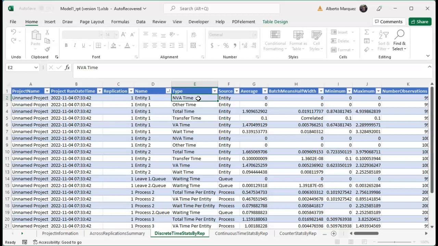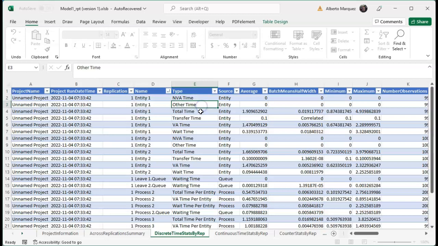In this case, NVA would be non-value added, just like storing something for a little while until the machine is, say, available to process it. If the product needs to wait because it's cooling down, well, that would be the decision of the company to consider that either as value added or non-value added, but that is beyond the scope of this course.